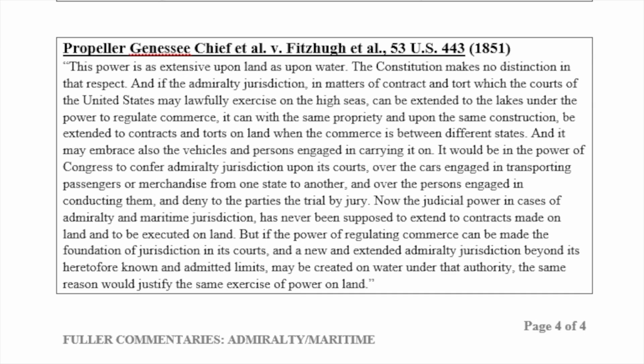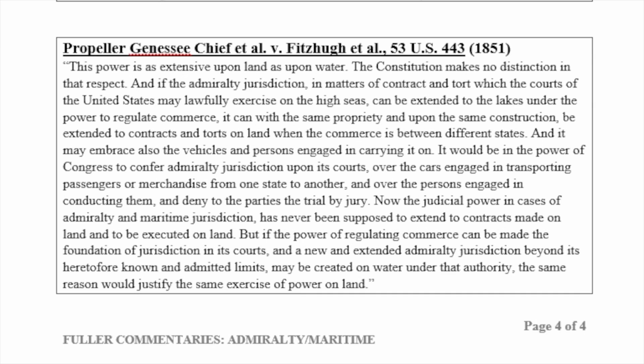And it may embrace also the vehicles and persons engaged in carrying on it. It would be in the power of the passengers or merchandise from one state to another and over the persons engaged in conducting them, and deny to the parties the trial by jury.